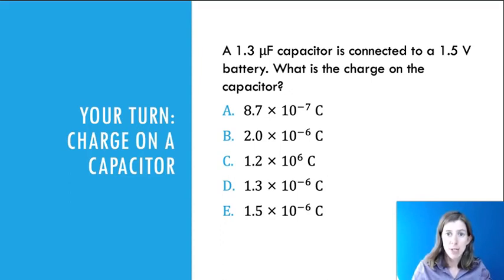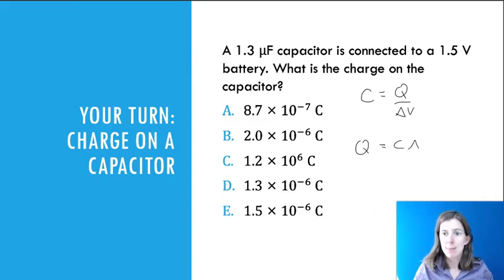The reason this was your turn is because it's a quick plug and chug type of question. We just defined the capacitance as the charge per voltage. So we can solve for Q to get C times delta V, and that will give us the amount of charge on the capacitor. It's just the product of the capacitance and the potential difference across that capacitor. So the capacitance is the 1.3 microfarads.